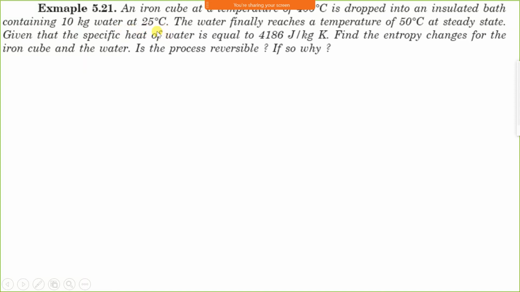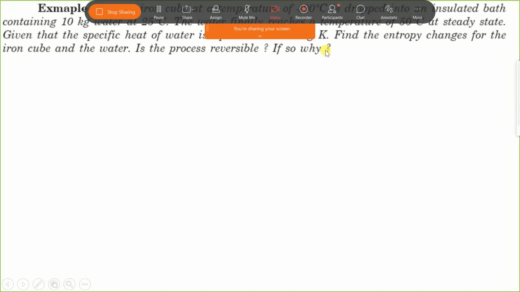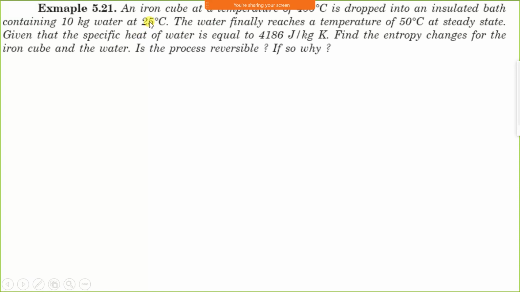The iron cube is dropped in the water. The temperature of the iron cube is 400 degrees Celsius, the temperature of the water is 25 degrees Celsius, and the mass of water is 10 kg. The water finally reaches a temperature of 50 degrees Celsius at steady state.